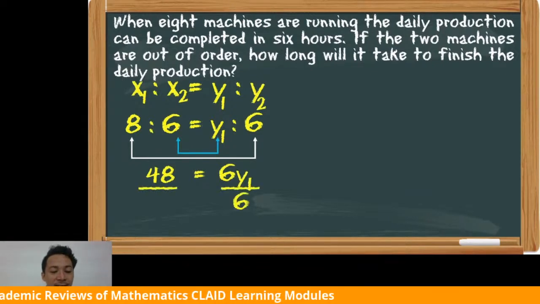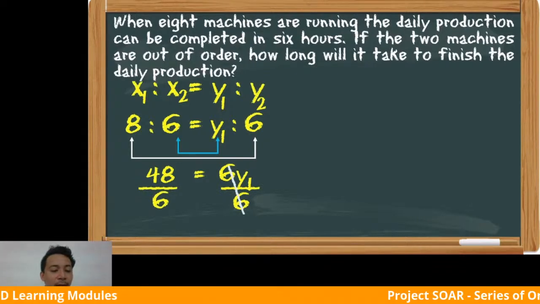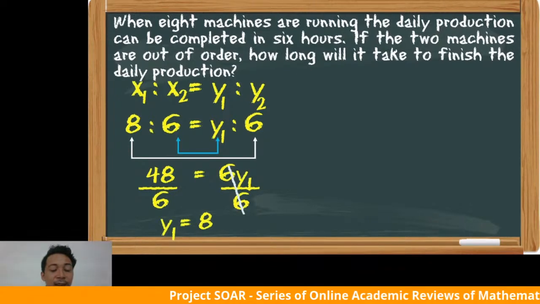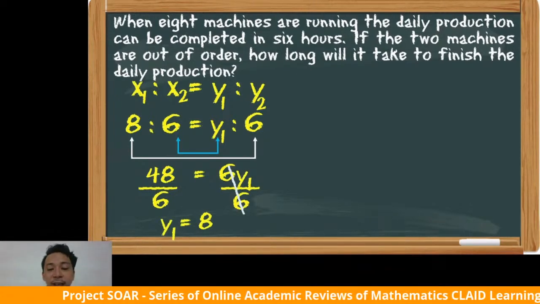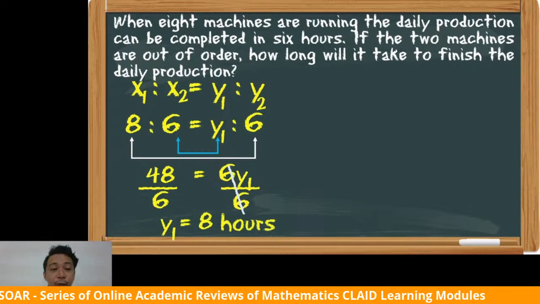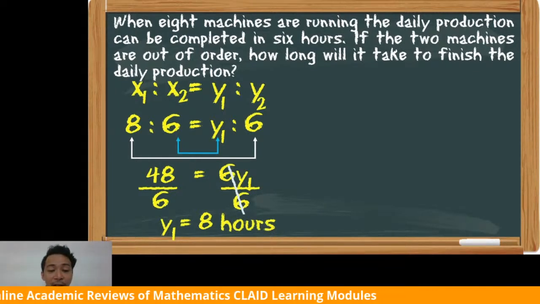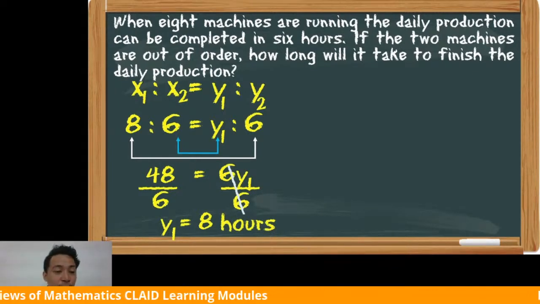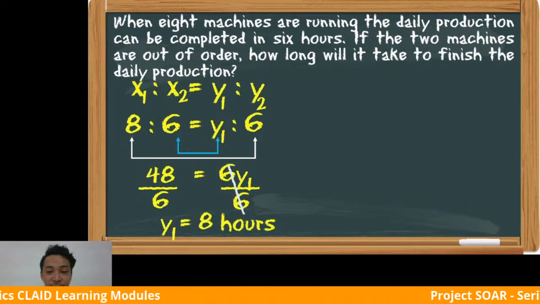Dividing both sides by 6, we'll have y sub 1 equals 48 divided by 6, that is 8. So it will take 8 hours to finish the daily production if you use only 6 machines.